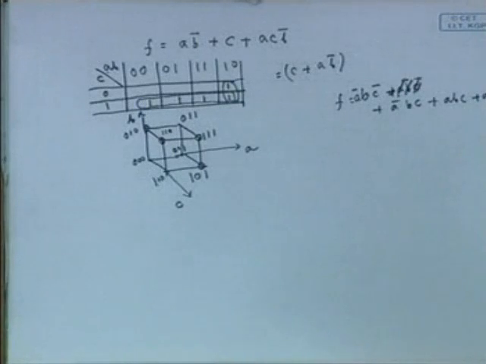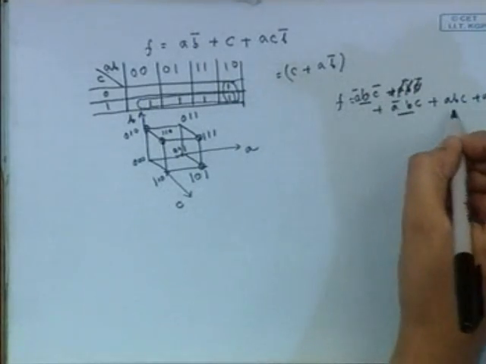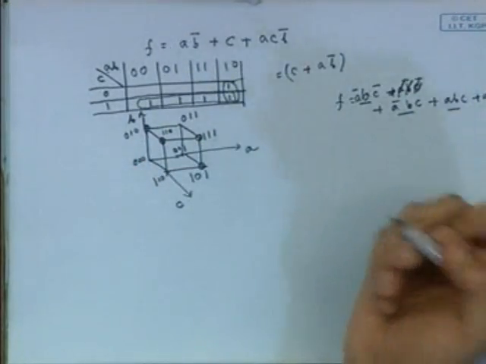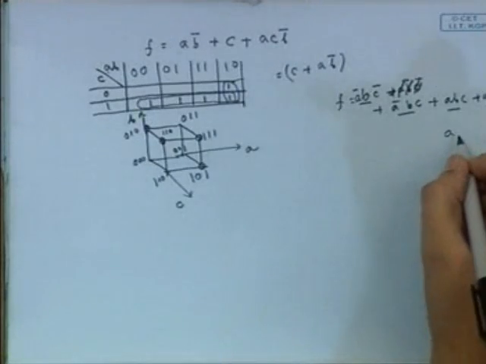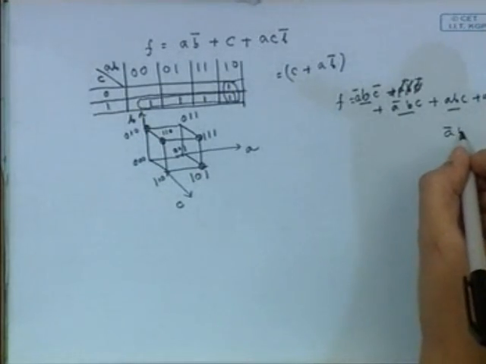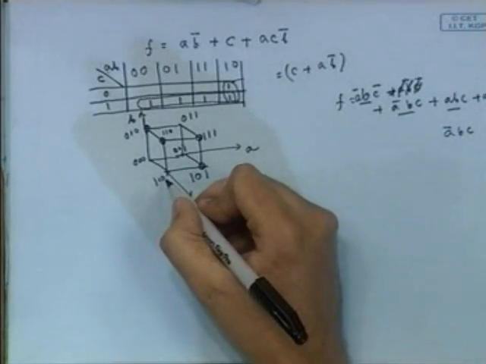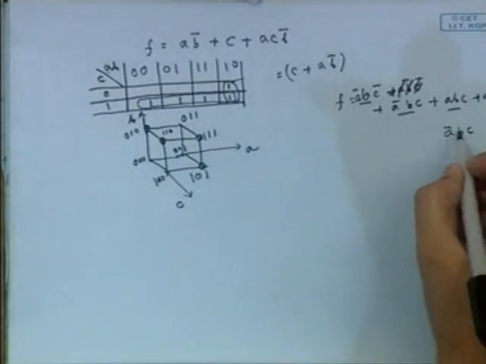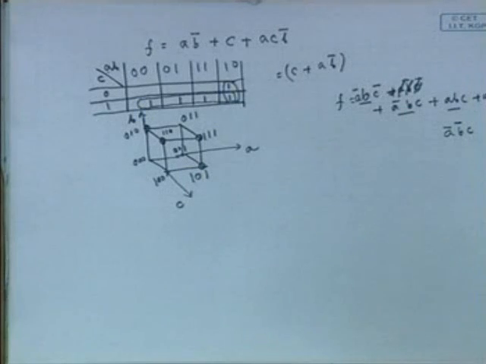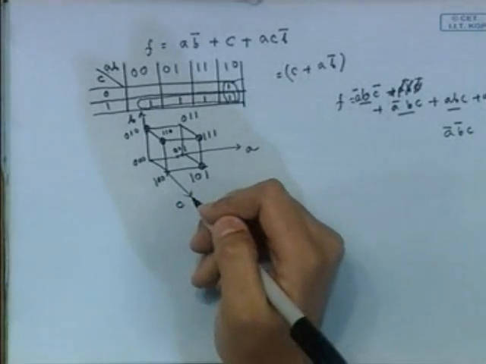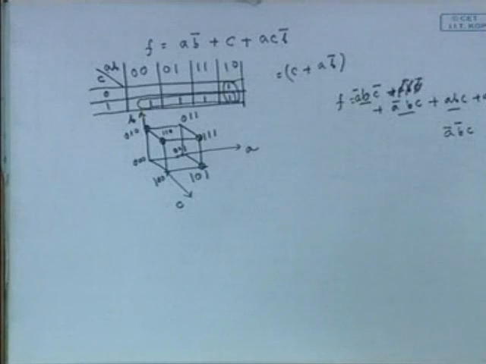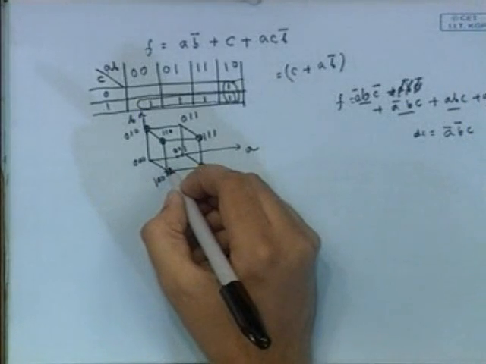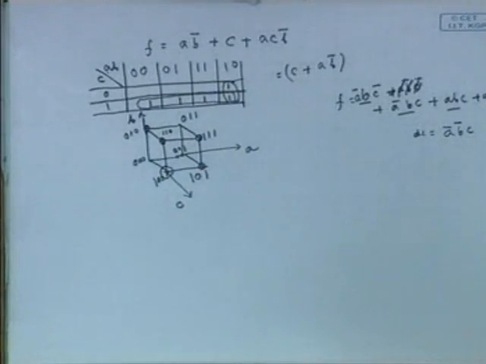Suppose this is our function. So we encircle these points in the hypercube. This is one point, this is one point, these are the 4 points, and suppose a bar b c, this point, sorry, what's this point, a bar b bar c, a bar b bar c, this is a don't care point. Okay, so we can encircle this one also. This one is a don't care point.